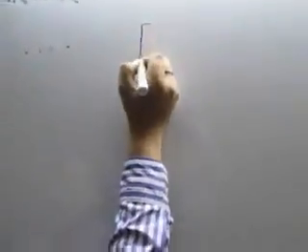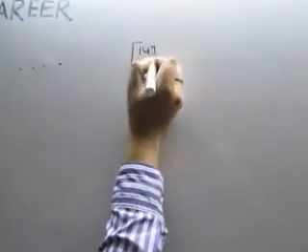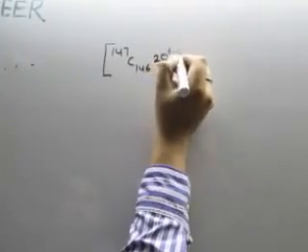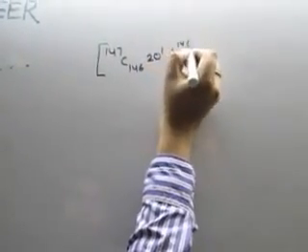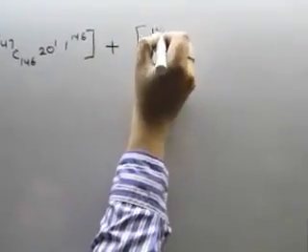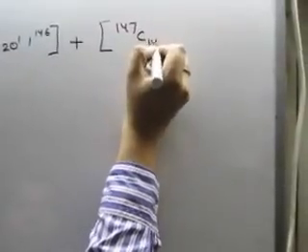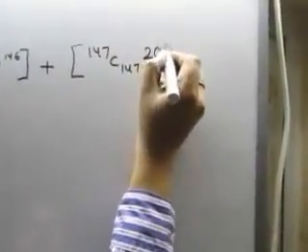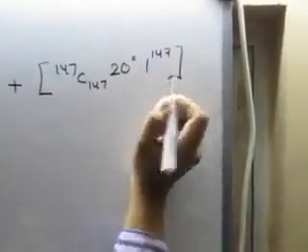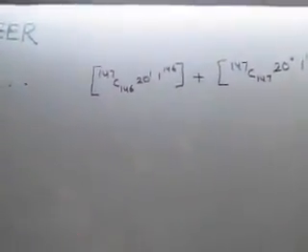The second last term will be 147C146, 20 to the power 1, 1 to the power 146, and the last term is 147C147, 20 to the power 0, 1 to the power 147.